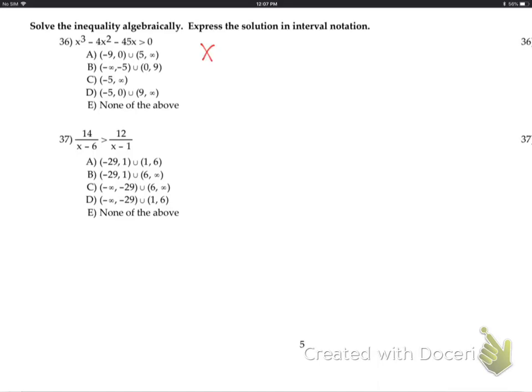This is a hard one. These things were hard and they're really different, so I wanted to review that with you.